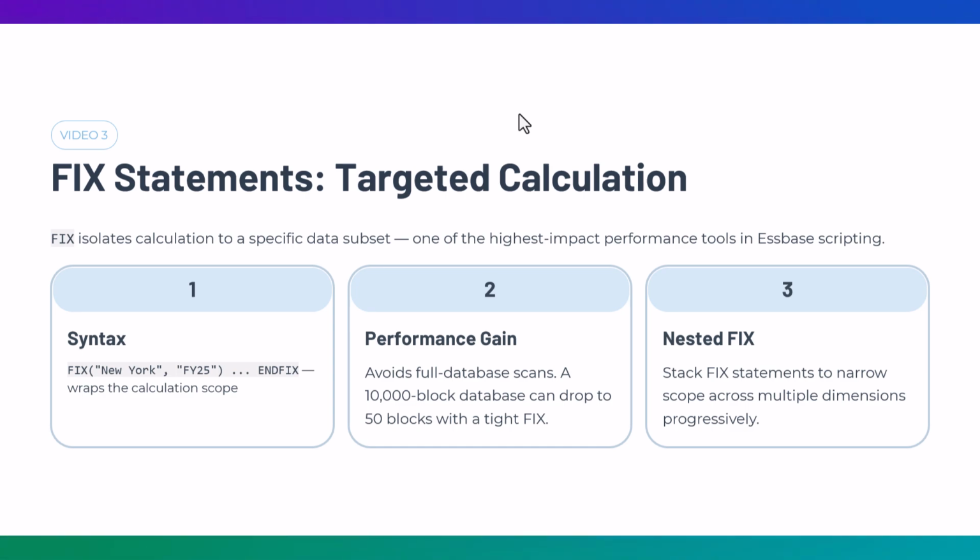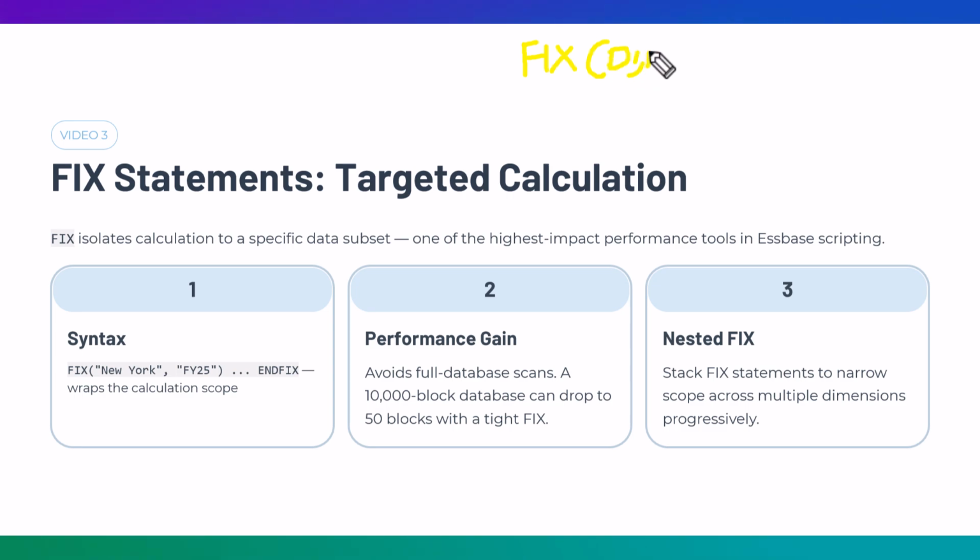So the basic syntax is straightforward. We open with FIX, list the dimension members you want to target, write your calculation commands, then close with ENDFIX. That is, FIX opens with the target dimension list.